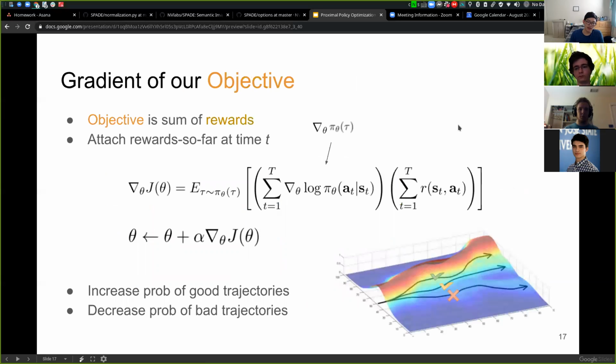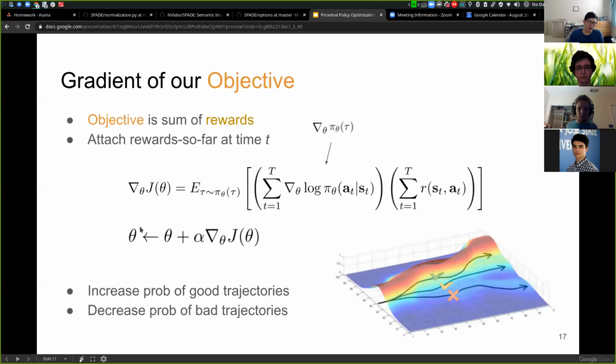That relates to our overall objective, because our overall objective is the sum of the rewards. So we can relate this to our trajectory by just attaching the reward at that state to the gradient there, and that becomes the gradient of our overall objective.